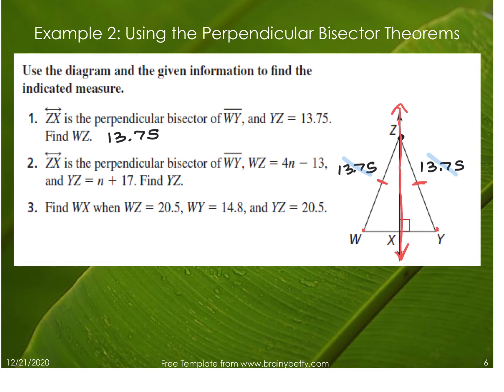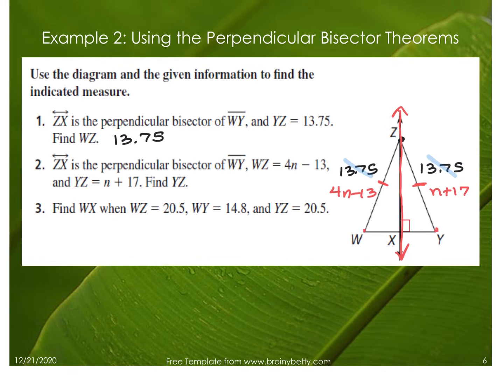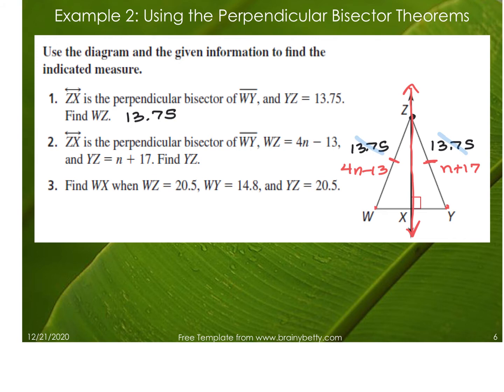WZ is 4n minus 13, and the other segment, YZ, is n plus 17. Using the perpendicular bisector theorem, my equation is setting WZ equal to YZ: 4n minus 13 equals n plus 17.